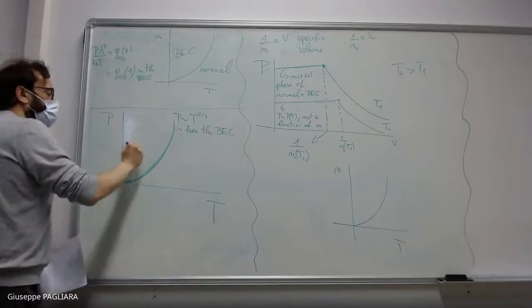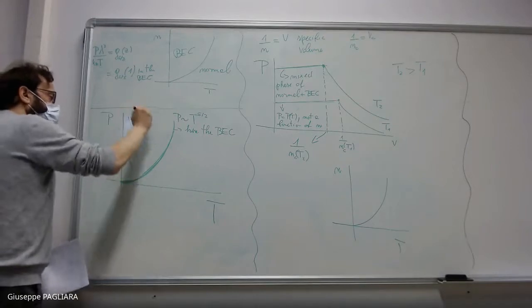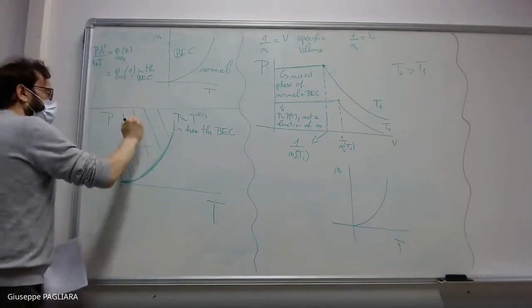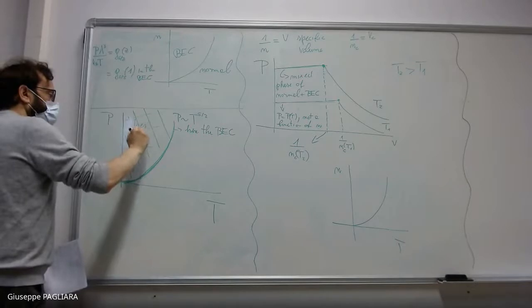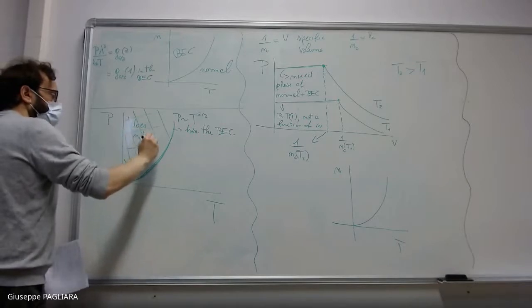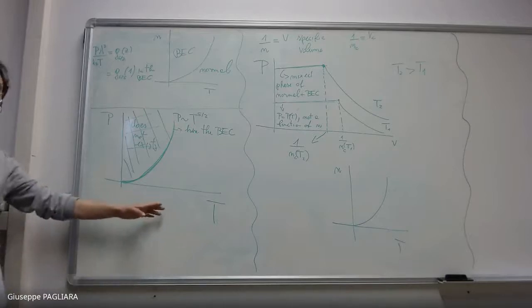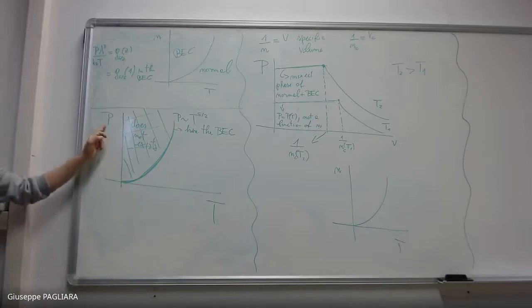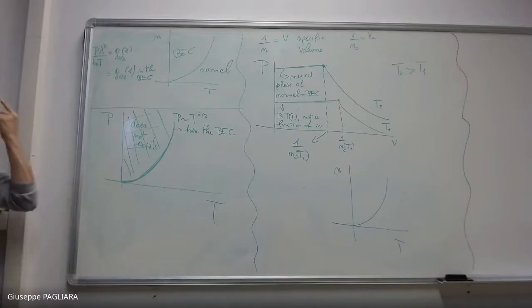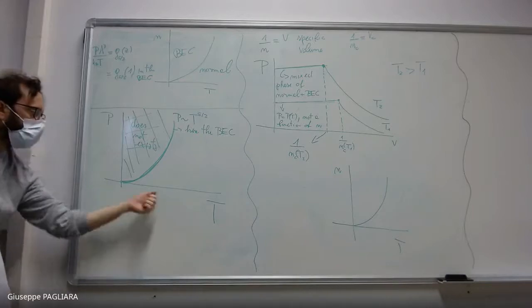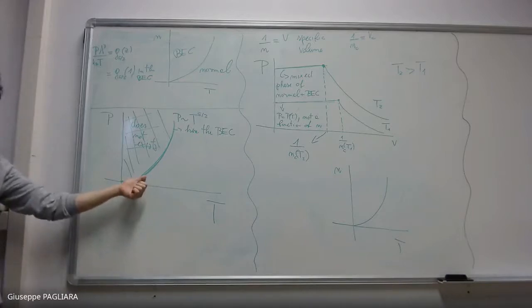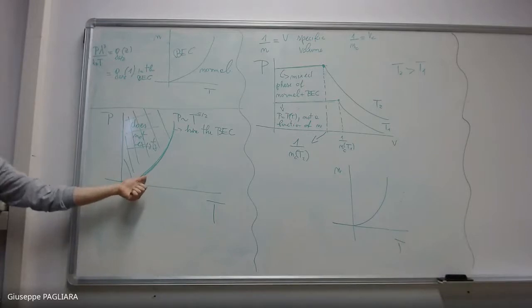This part of the diagram does not exist, because when I fix the temperature, the pressure in the condensate is just one number. It does not depend on the density. So if I fix the temperature, I just have one value of the pressure. I cannot change the pressure as I want, okay? Because the pressure is just a function of the temperature in the condensate.